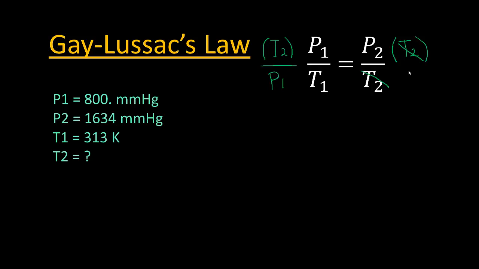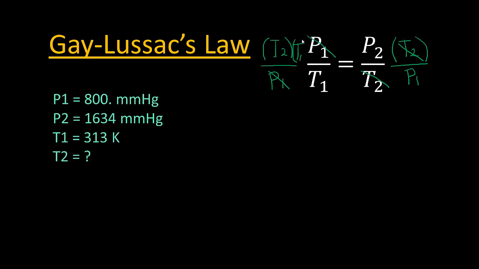Whatever I do to this side, I must do to the right side, so I'm going to divide it by P1. I have a P1 divided by a P1, so they cancel. Now I have this T1 that I need to move to the other side. Since it is T2 divided by T1, I am going to multiply both sides by T1.